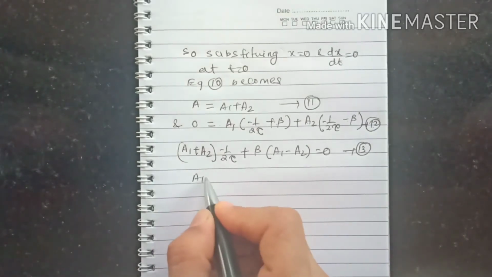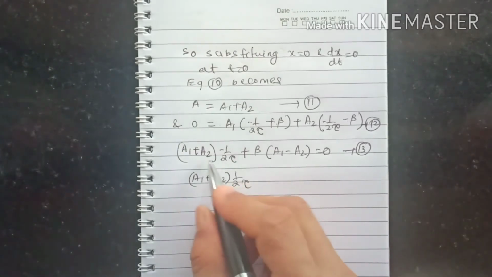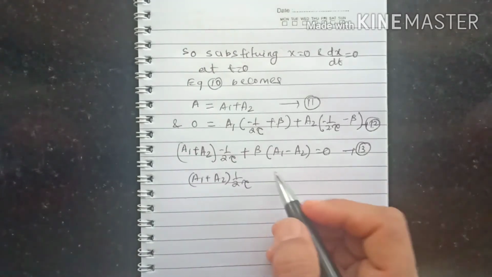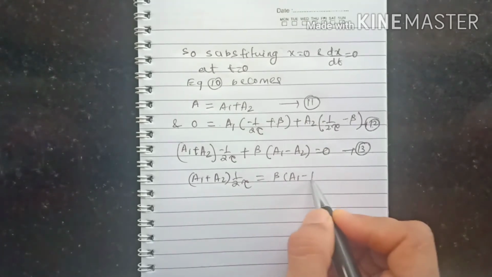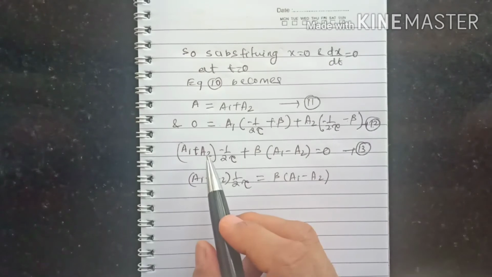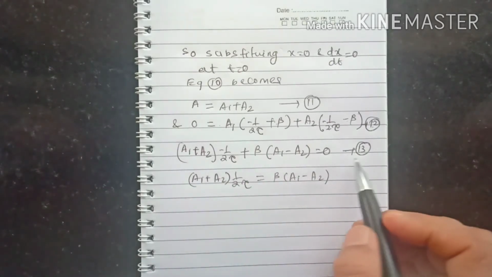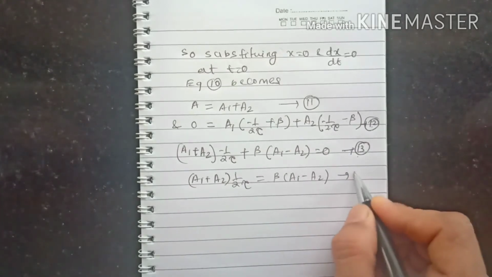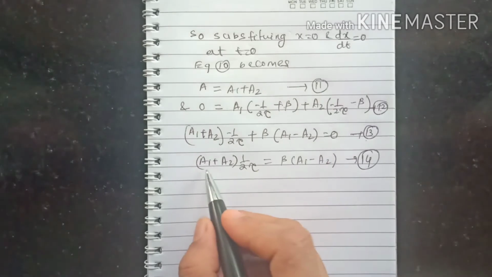So we got a1 plus a2 into 1 upon twice of tau. Look at this, we will write equation 13 again: beta into a1 minus a2. What we have done is taken this to the right hand side. Now, what is a1 plus a2?